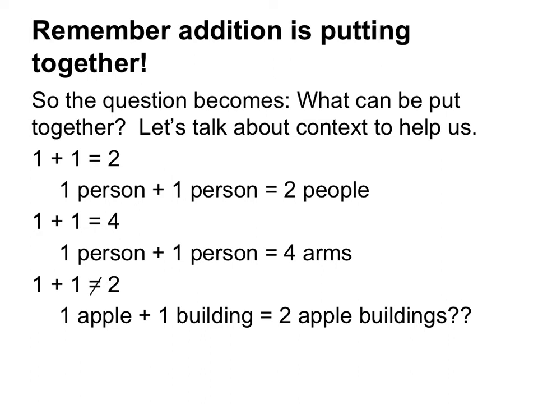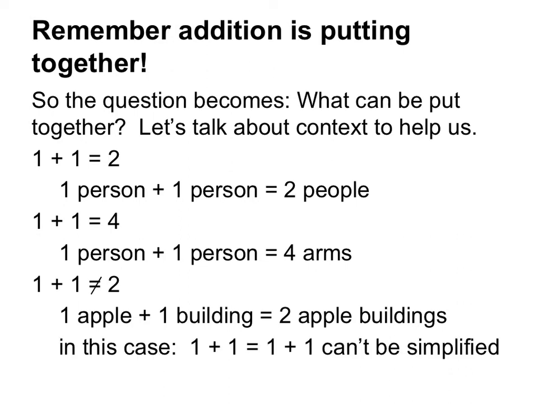What do you have 2 of if you have 1 apple and 1 building? So in this case, 1 plus 1 equals 1 plus 1, and that's it. It can't be simplified. In that context, 1 apple plus 1 building just stays 1 apple and 1 building.